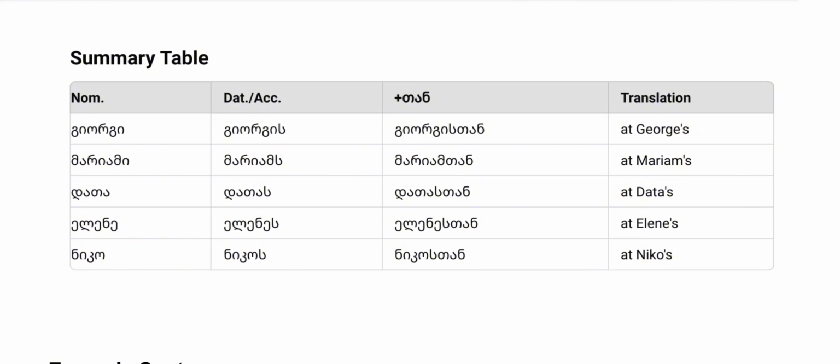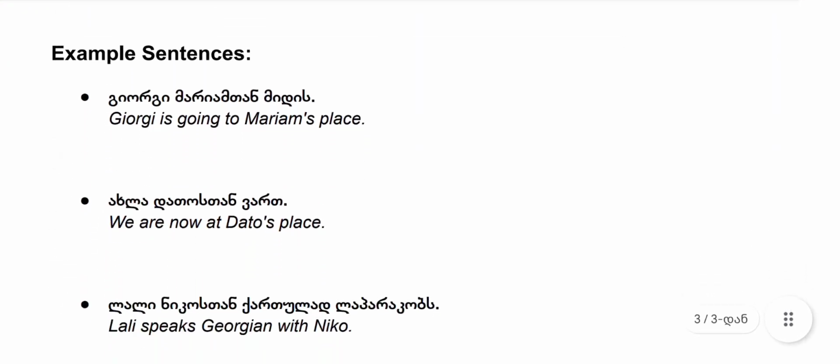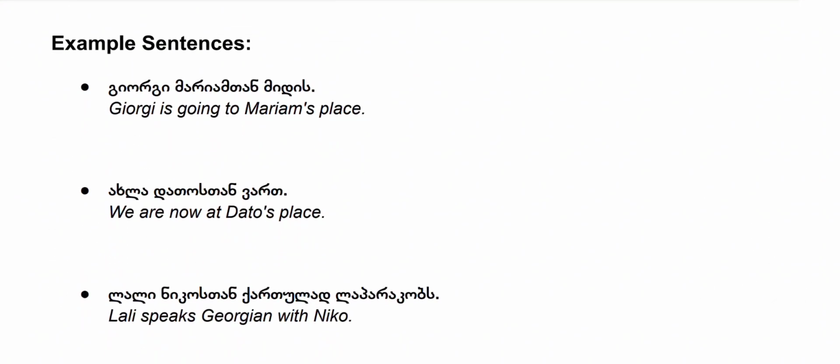Nico ends with O. In dative case, it is Nikos. And if you add tan, it becomes Nikostan, at Nikos' place. Now let's see these three examples and that's all. Georgi Mariamtan midis means that Georgi is going to Mariam's place.